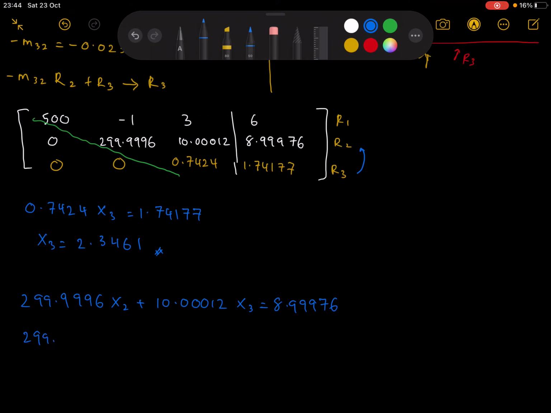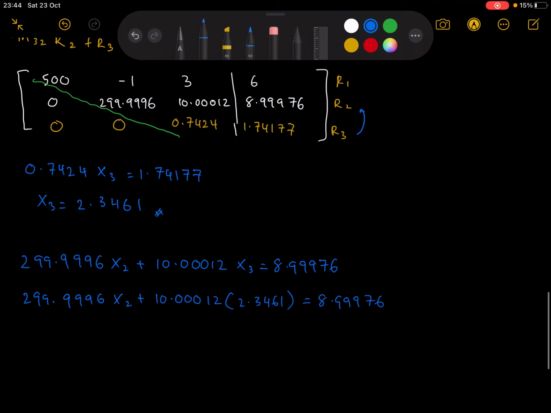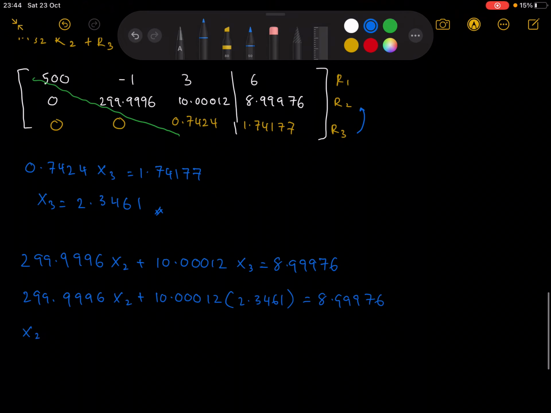So 299.9996 x2 plus 10.00012, we already obtained x3, which is 2.3461, is equal to 8.99976. So our x2 will become 8.99976 minus 10.00012 times 2.3461, divided by 299.9996.